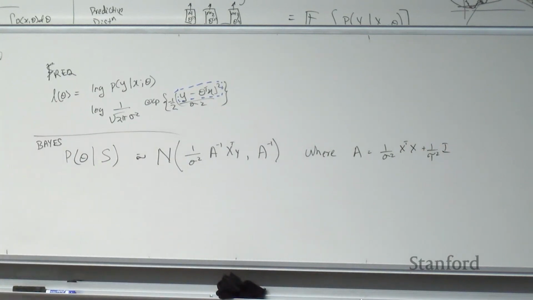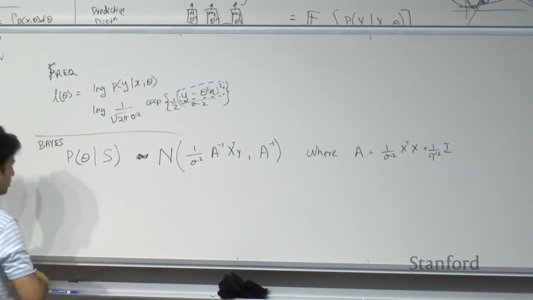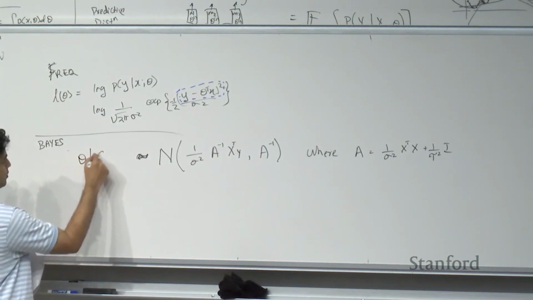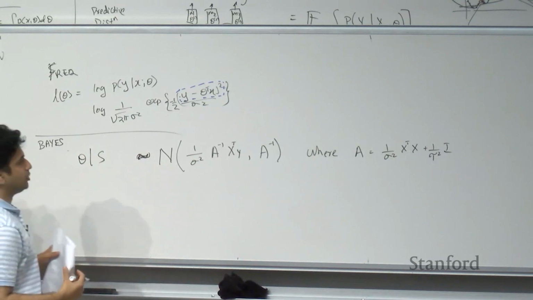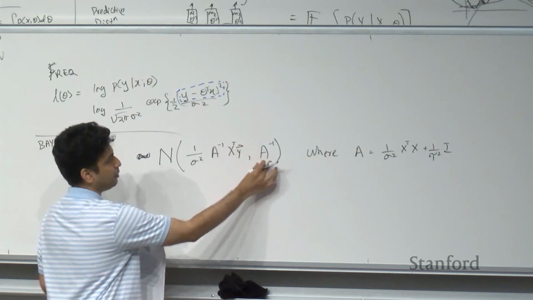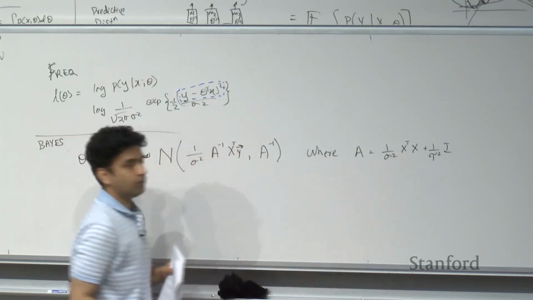So you can work it out. The correct way to write this would be theta given S is distributed according to a multivariate Gaussian, with this being the mean vector and this being the covariance matrix, where A has this form.